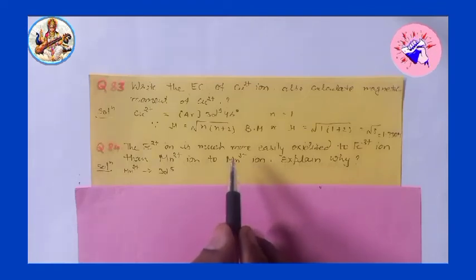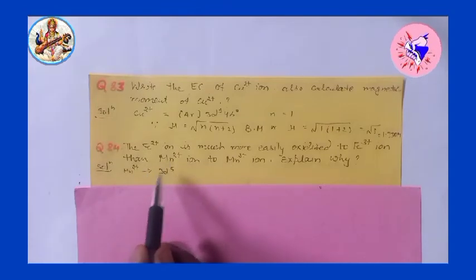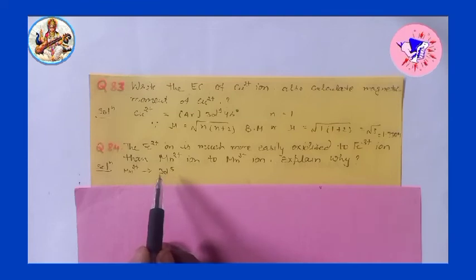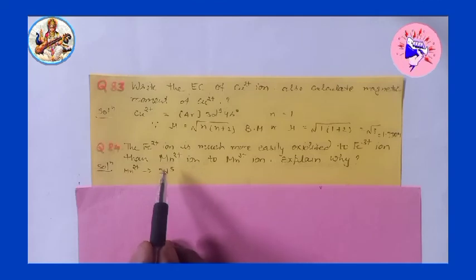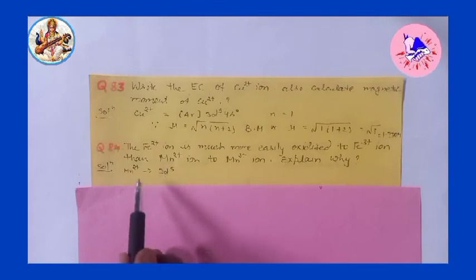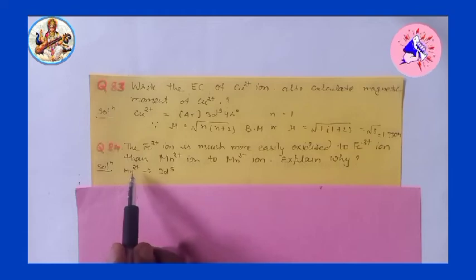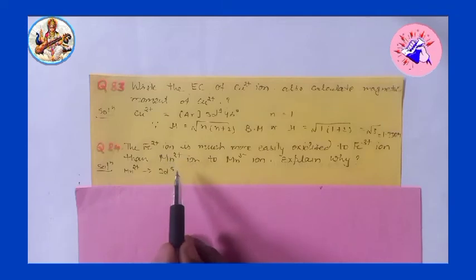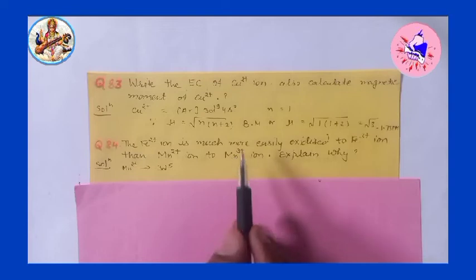Very important. I repeat, the electronic configuration of Mn2+ ion is 3d5, which is half filled, thus more stable. The third electron cannot be lost easily, and hence Mn2+ ion is not easily oxidized to Mn3+ ion.